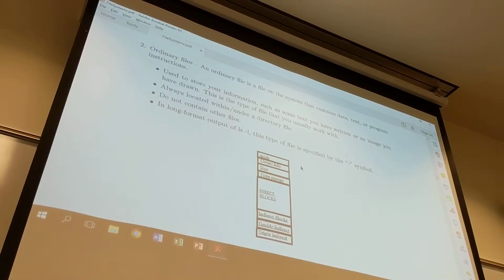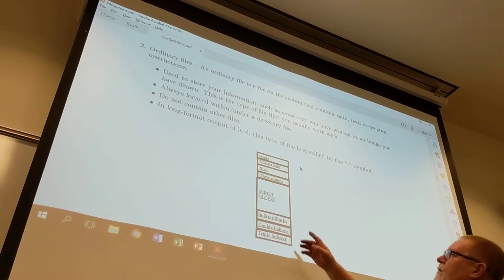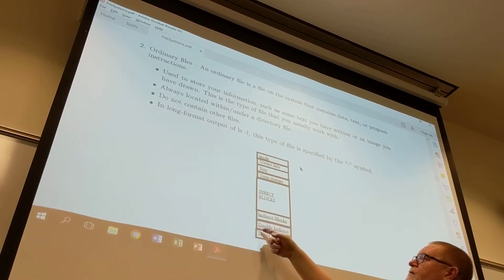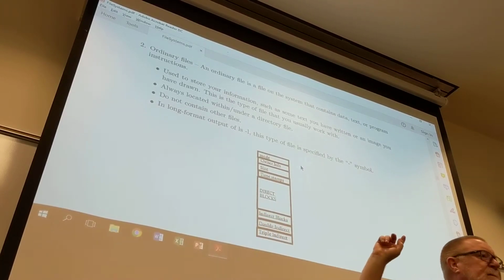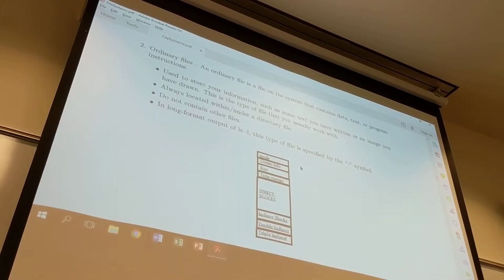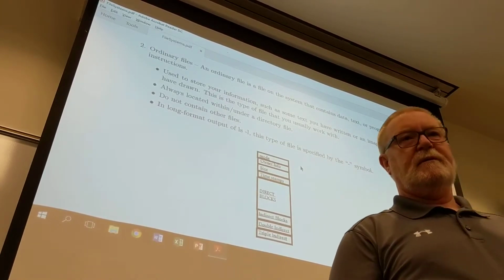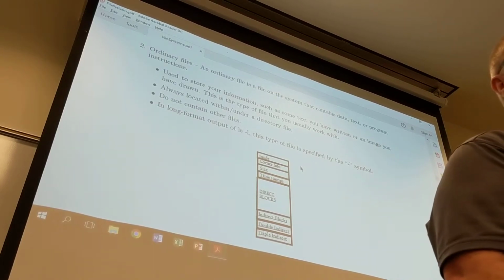Notice that it has a size. Why would we put the size here when all we need to do is go through these blocks and count the number of blocks where the pointers are not null? Why do we stick the size in there? You have a 4 terabyte file, it would be annoying to count it all up.